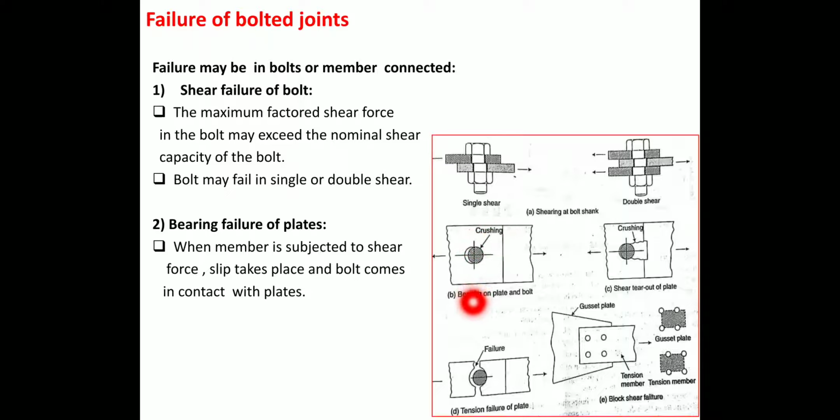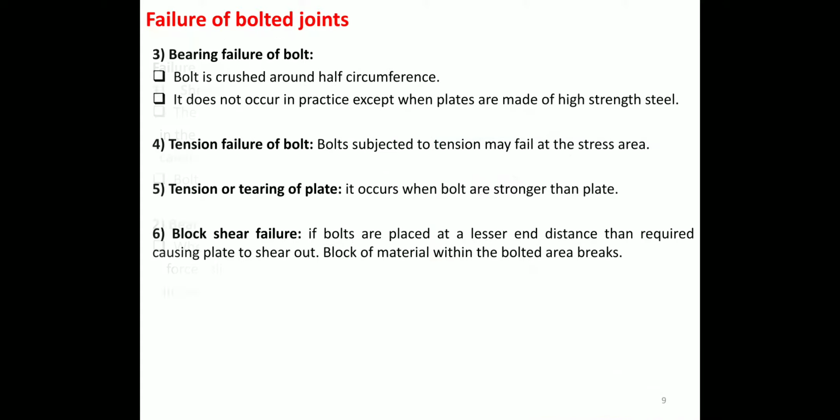So this assembly fails in bearing of plate or bolt. Then the third type of failure is known as bearing failure of bolt. The bolt may crush around half the circumference of the respective bolt diameter, but it does not occur in practice except when plates are made of high strength steel.